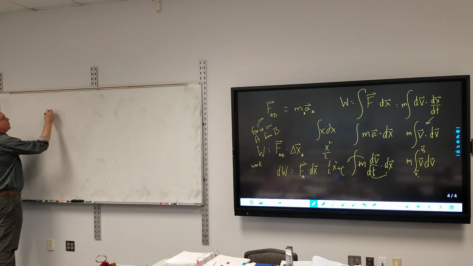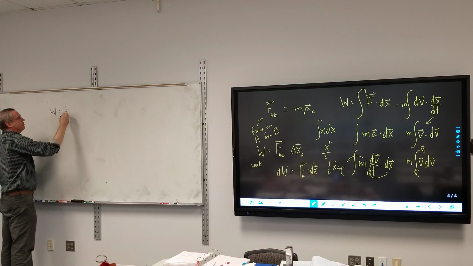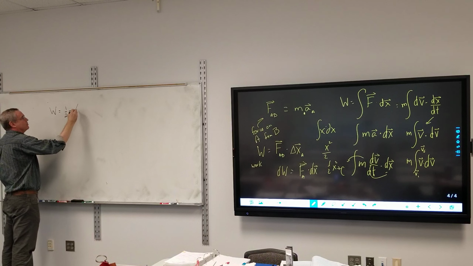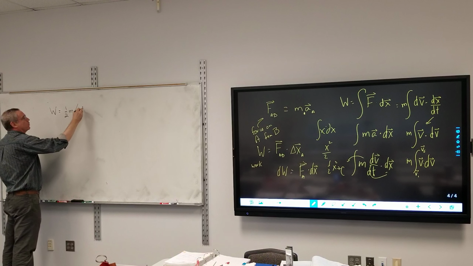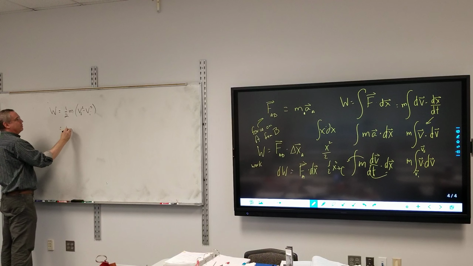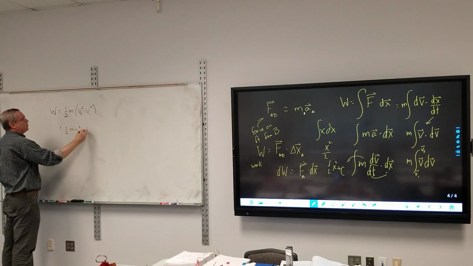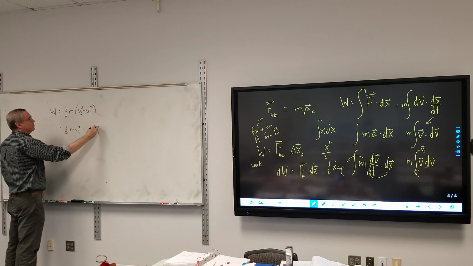So what I end up with is that the work done is equal to 1/2 times the mass times vf squared minus vi squared, which we can write as 1/2 m vf squared minus 1/2 m vi squared.